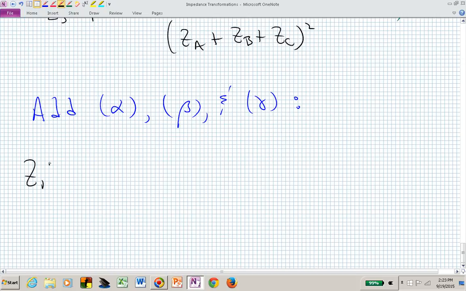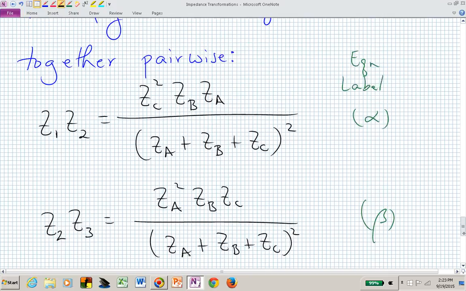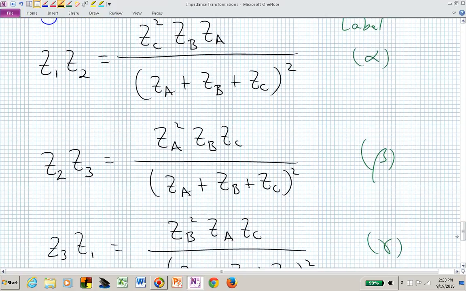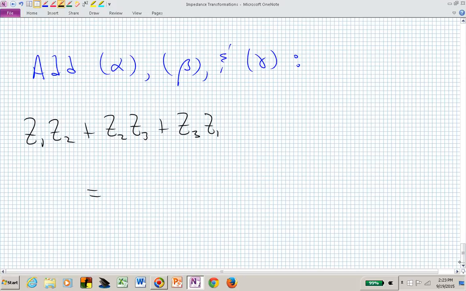It's now Z1 Z2 plus Z2 Z3 plus Z sub 3 Z sub 1. On the right, it's a little bit more involved. I'll give myself some space, but now I have a Z sub A squared Z sub B Z sub C. I have a Z sub B squared Z sub A Z sub C, and I have a Z sub C squared Z sub A Z sub B.